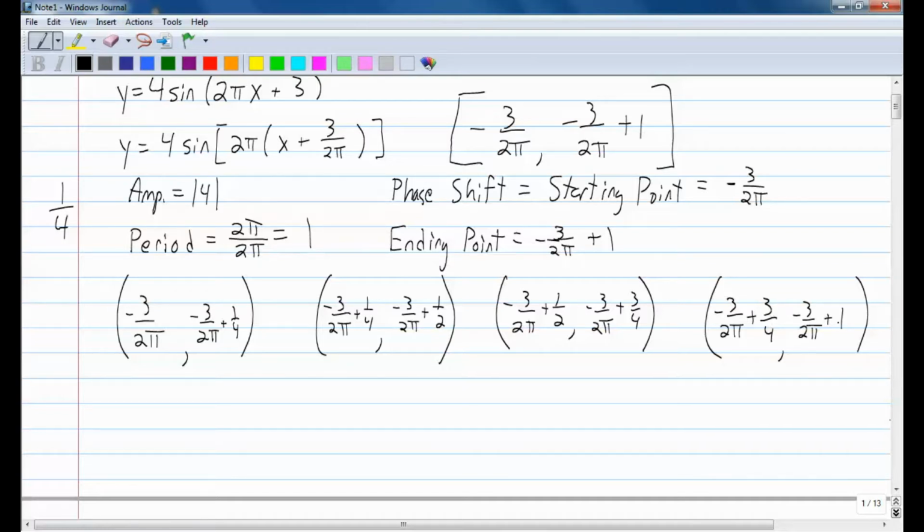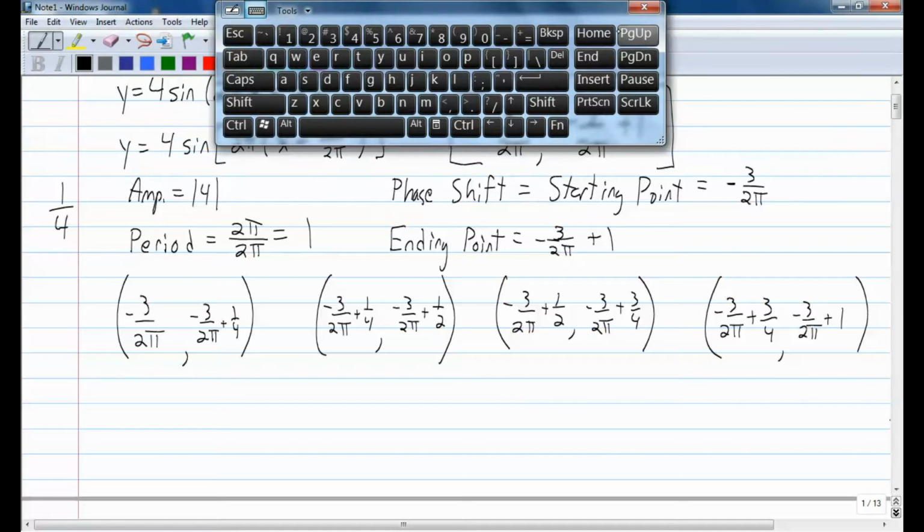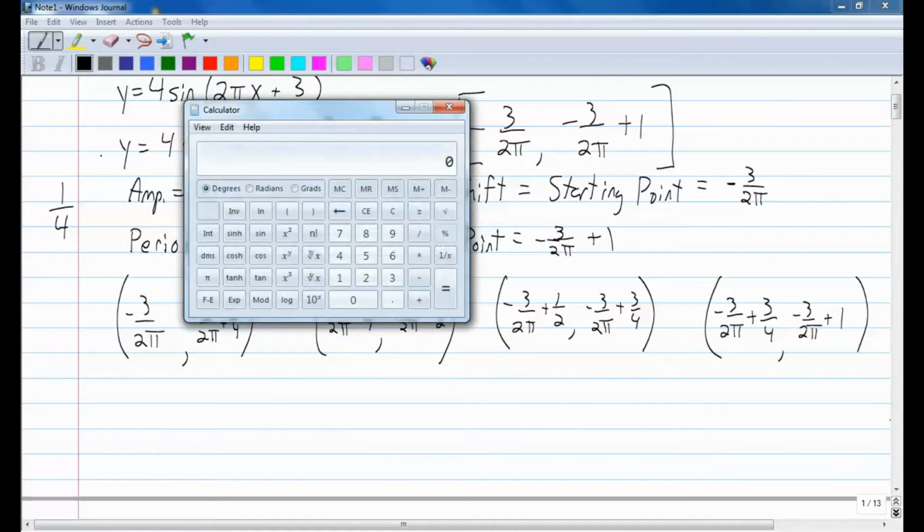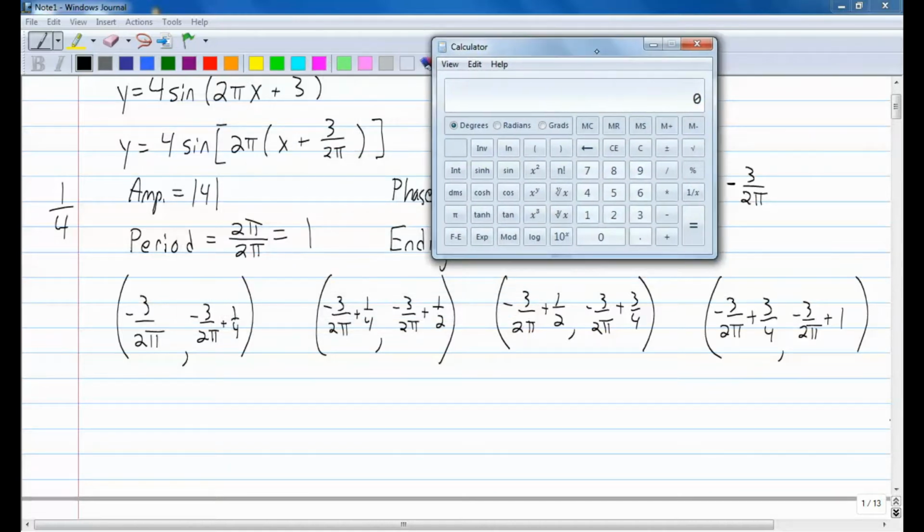Alright, so now it'd be really tough to figure out where all these values were if you don't get a decimal approximation. So what you want to do, get your calculator. I will use the Windows calculator. Alright, and get a decimal approximation of the very first significant value, the starting point, the phase shift.